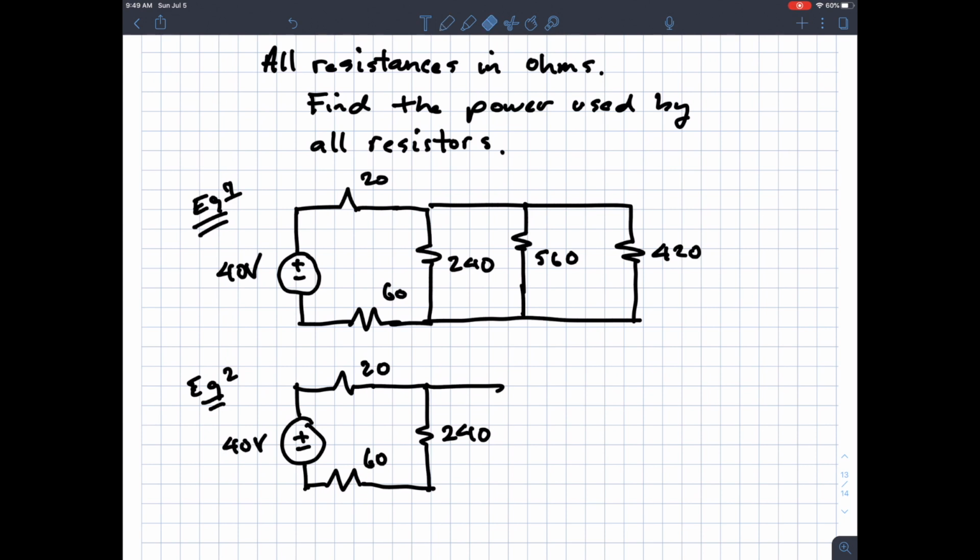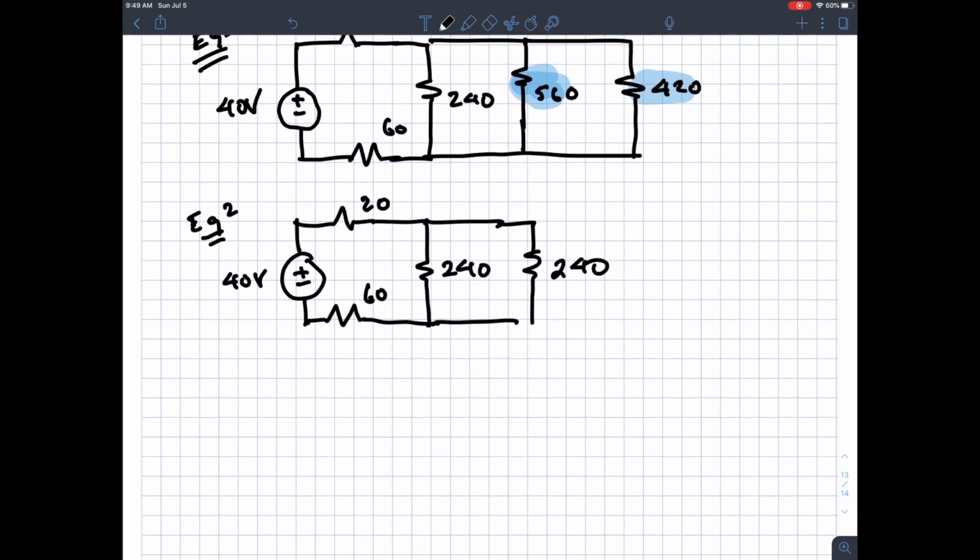What I've noticed is these 2 resistances are in parallel, so I can calculate that: 560 times 420 divided by 560 plus 420. I enter that into my calculator and I get 240. So this equivalent resistance gives me another 240 here. That's the second circuit.